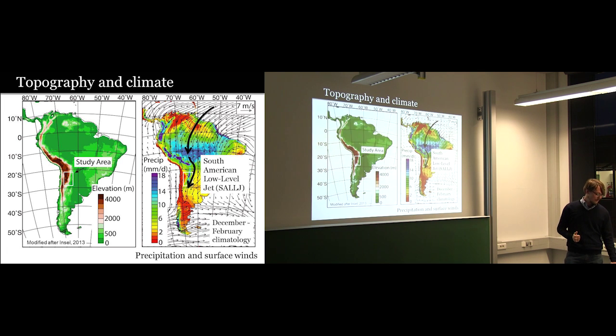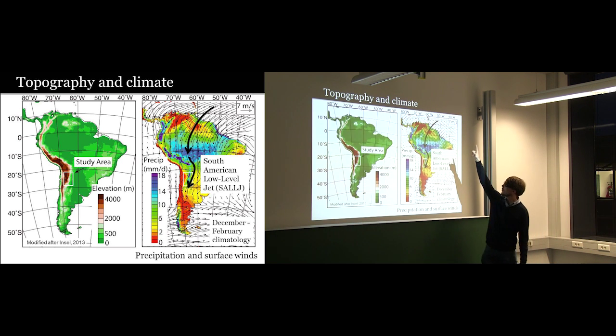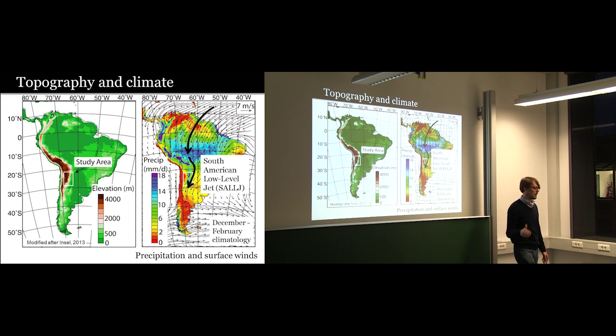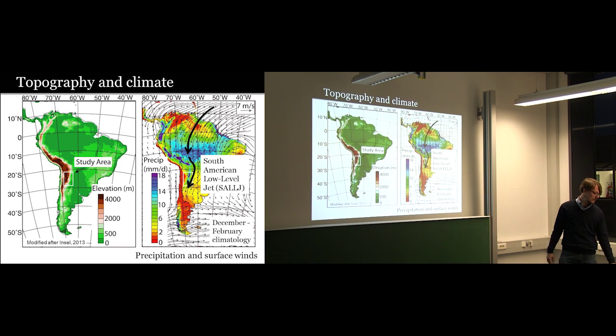Another important thing in South America, and that's what a lot of people forget, is what is happening at higher elevation. We know the plateau is today around 3.8 to 4 kilometers, so we really have to worry about higher atmospheric levels, because this is only showing the wind patterns at elevations of 1,000 meters and below.